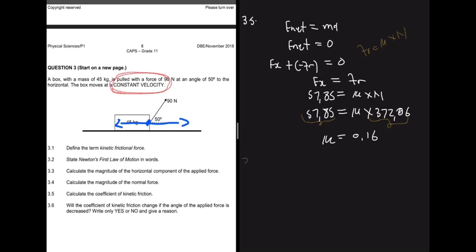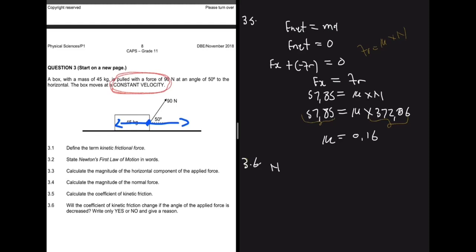And then 3.6 says, will the coefficient of kinetic friction change if the angle of the applied force is decreased? Yes or no, and give a reason.